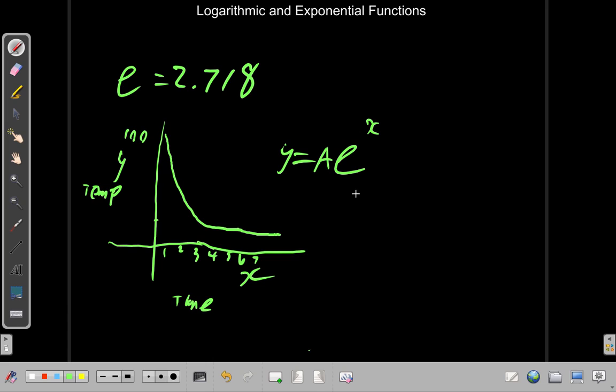You will find that y equals a number times e raised to the power of negative x. So in this case, what you have is a cooling.